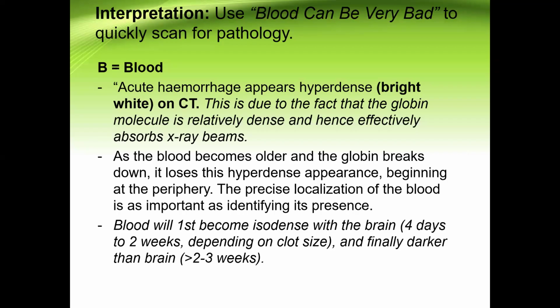But also know that the appearance of blood in the brain CT changes with time of presentation. Initially, it may be isodense to the brain from 4 days to 2 weeks, depending on the size of the clot, and becomes finally darker.